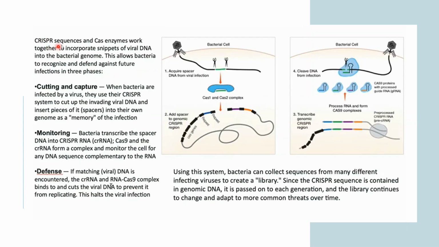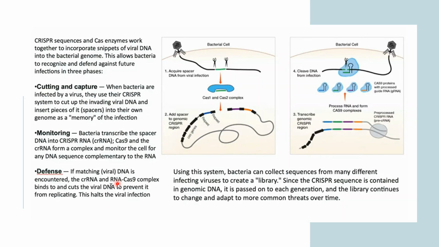The sequence and the Cas enzyme work together to incorporate snippets of viral DNA into the bacterial genome. This allows bacteria to recognize and defend against future infection in three phases. We will look at these step by step.